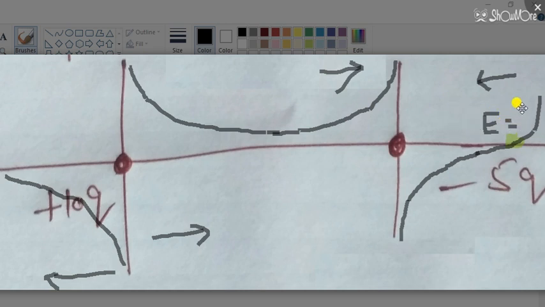So this will be the diagram, and here the electric field is not 0. Here the electric field has a minimum value. This line will not touch this line, that means the electric field will not become 0. So its final answer will be this one.